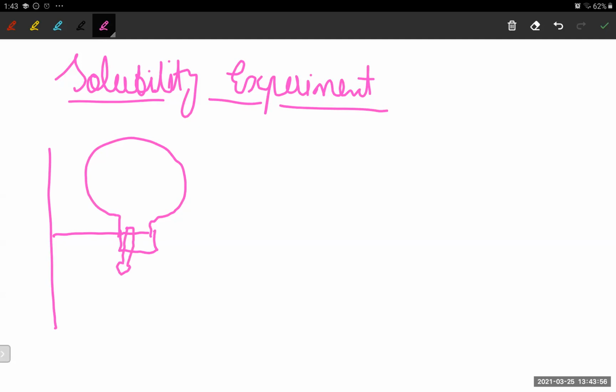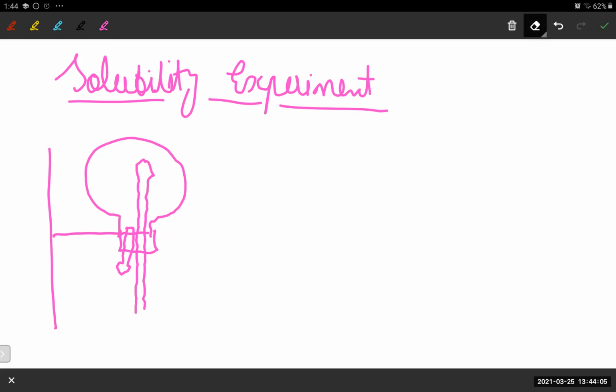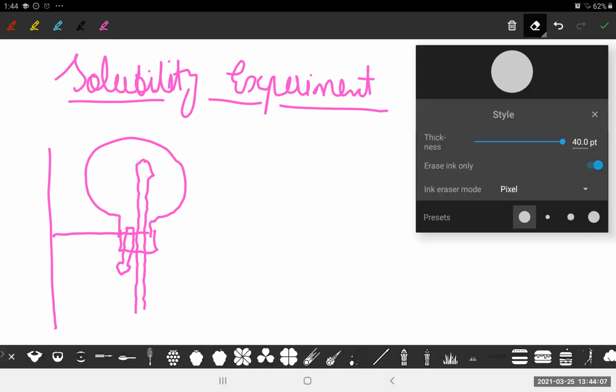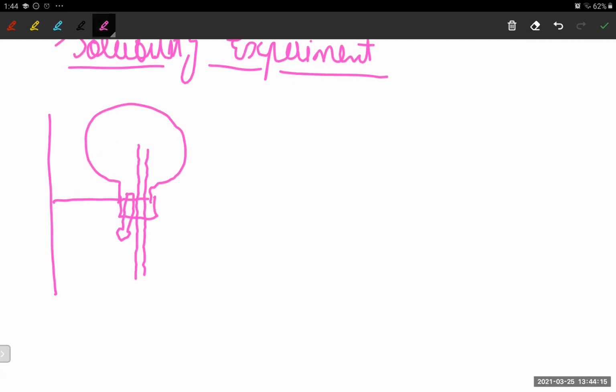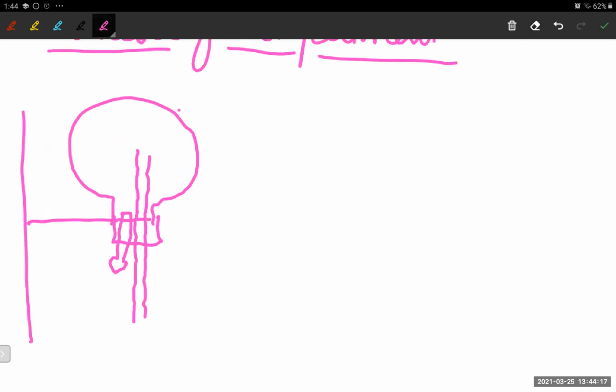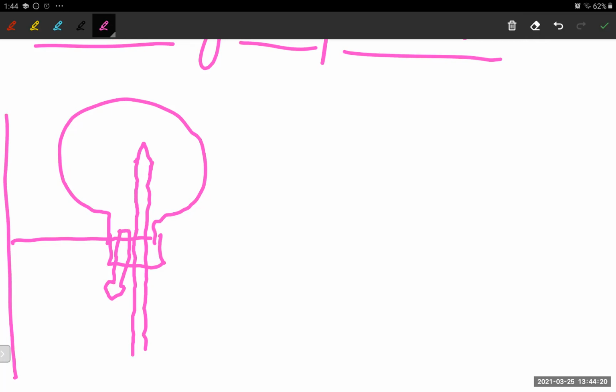Water drop tube, are we having? Is it a normal tube? What is it called? Jet tube. Very good. Rajat is studying. No one else is studying. It is a jet tube. I'll just name it here.